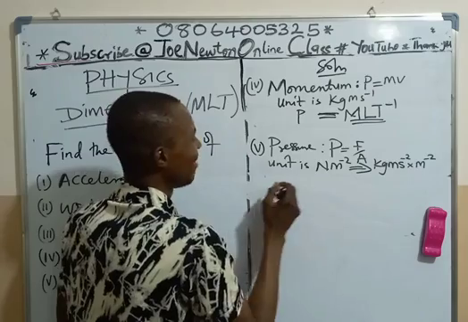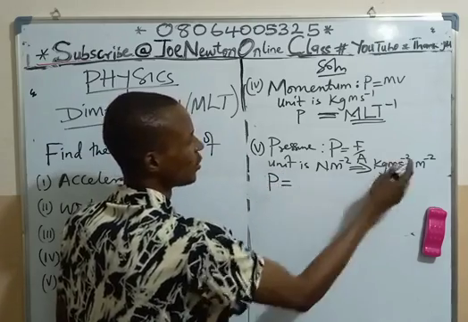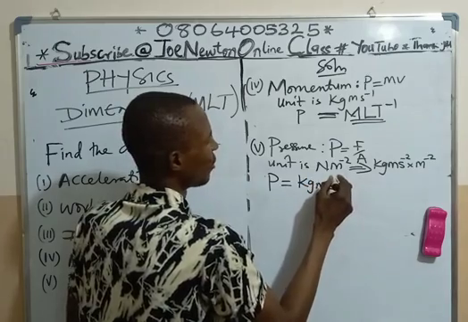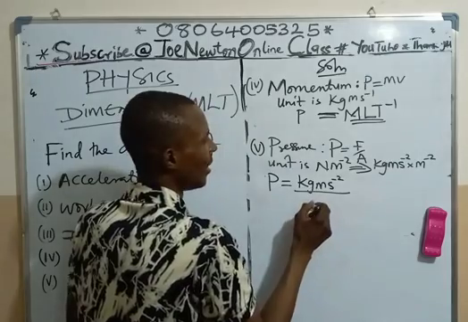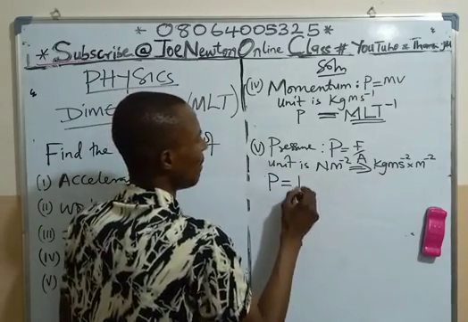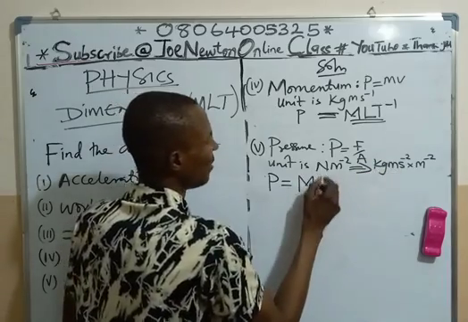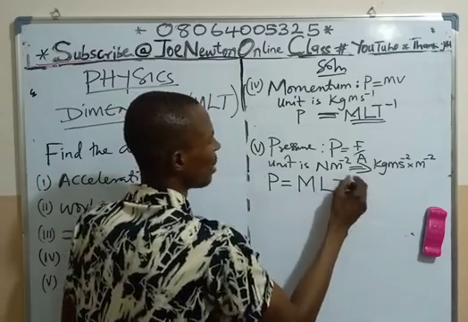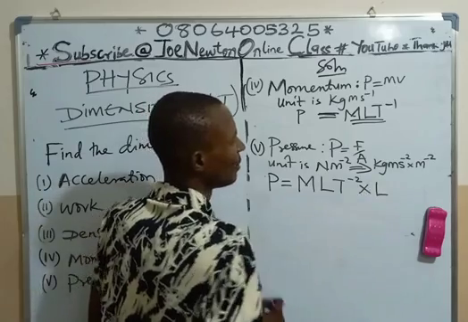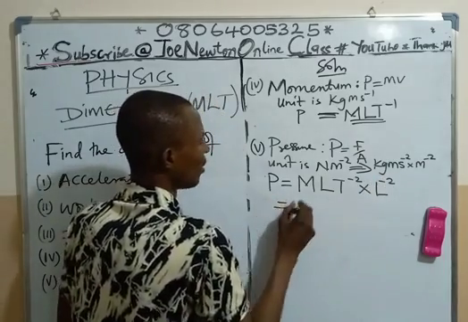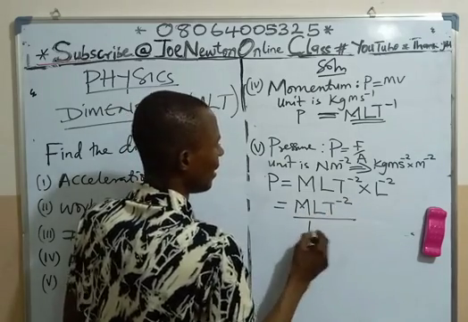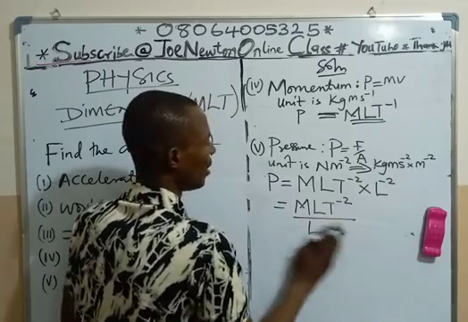Then for pressure, we have kilogram meter per second square all over meter square, or let's work with it directly like this. Kilogram is already M, then meter is L, then time T raised to power minus 2, then times meter again, L raised to power minus 2, and that will give us M L T raised to power minus 2 all over L times L, because this is L raised to power minus 2.